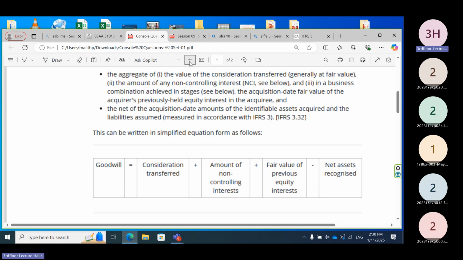That depends on the NCI, whether this is the fair value or not. If it is fair value, this goodwill is full goodwill. If it is a book value, it's proportionate goodwill.